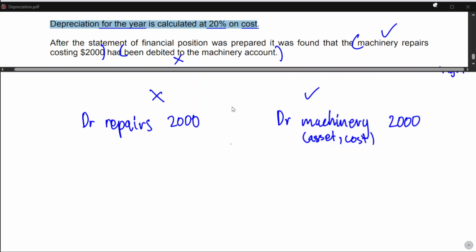Okay. So then he does depreciation, 20% times the cost.